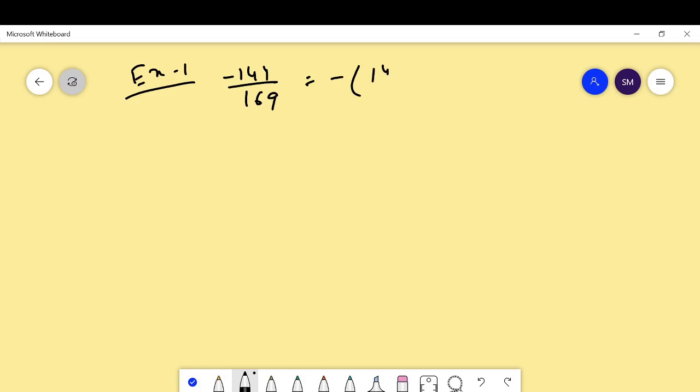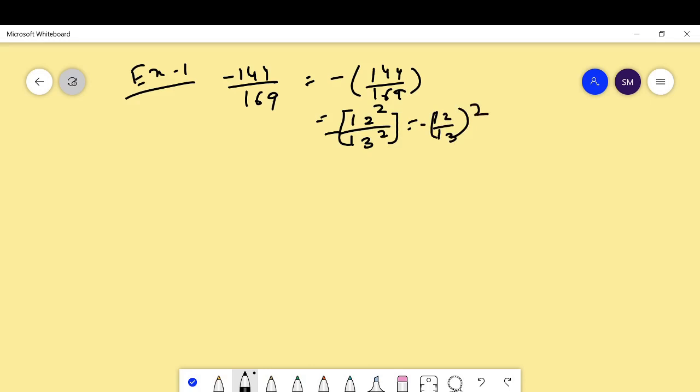This is 144 upon 169. Then 144 can be written as 12 squared and 169 can be written as 13 squared. Taking the minus sign outside, this is minus of 12 upon 13 whole squared.